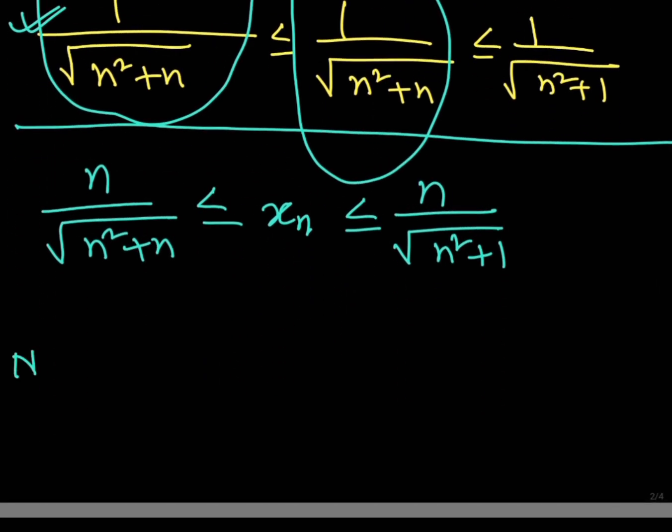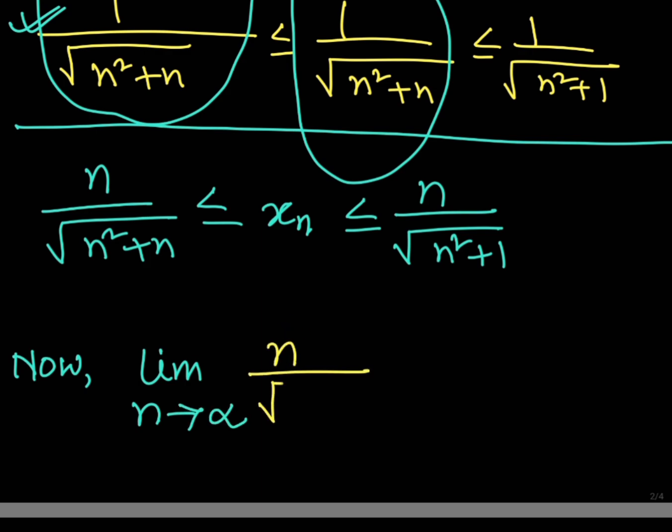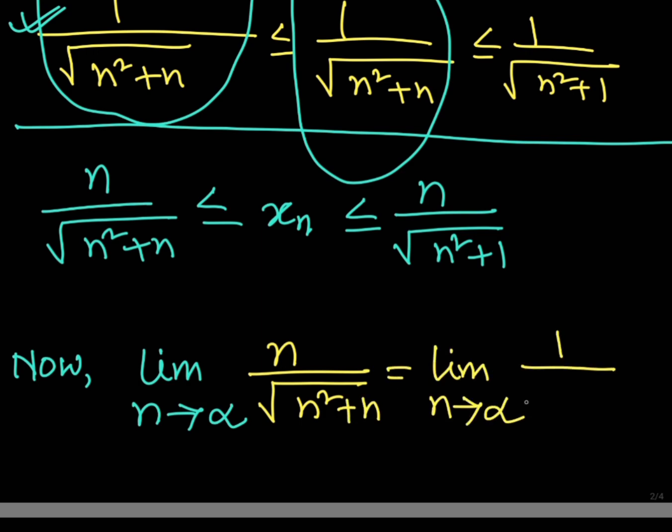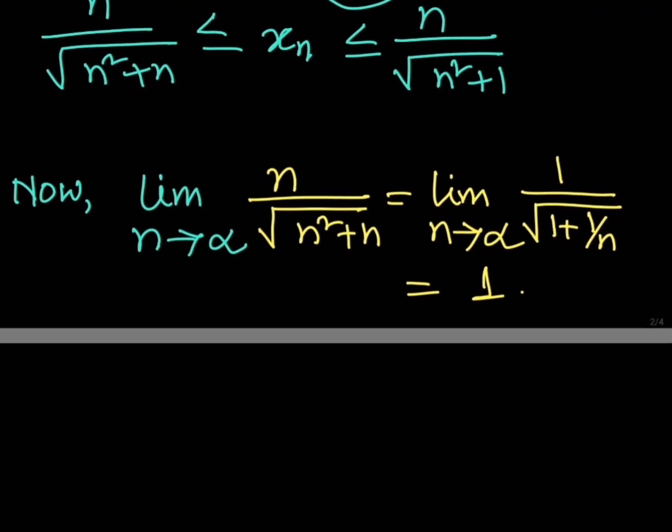So now the limit as n tends to infinity of n by square root of n square plus n is the limit as n tends to infinity of 1 upon square root of 1 plus 1 by n, if we divide by n, and that is actually 1.